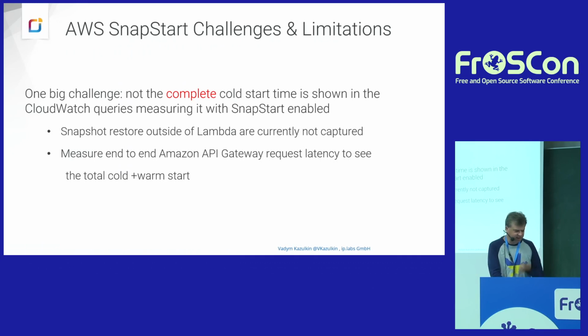And they confessed that there is just a computational bug, and the snapshot restore outside of the Lambda function is not shown in the AWS graphs, and they add 200 milliseconds currently. So you need to also calculate this, but as I measured the last time, that was only 100 milliseconds, so they reduced it anyway, and then the thing will be okay.